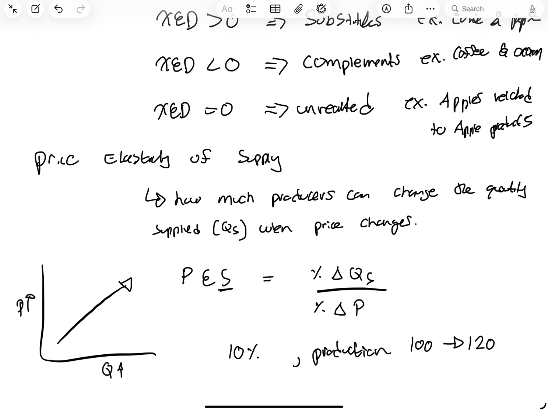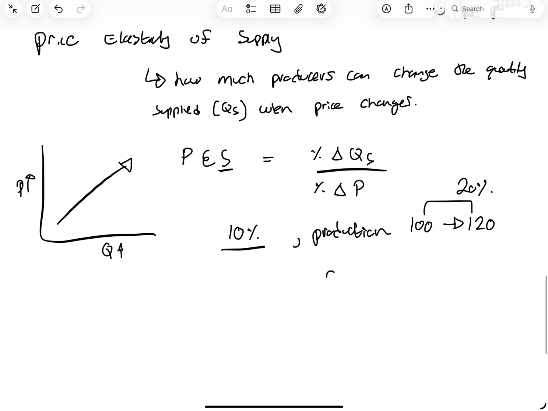So in this case, I'm saying change from 100 to 120, which if you do the calculation is 20%, and 10% is your change in price. If we plug this in, 20% is my change in quantity, 10% is my change in price. This leads to a value of 2.